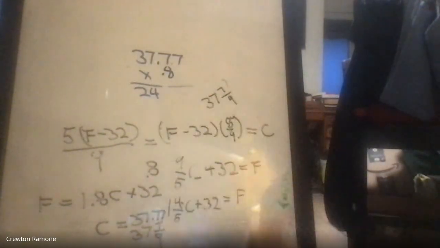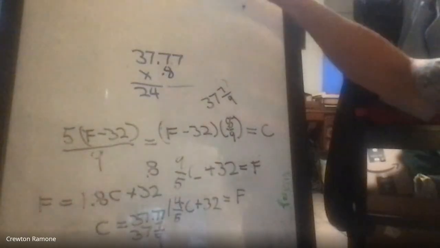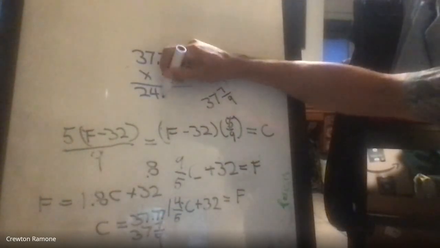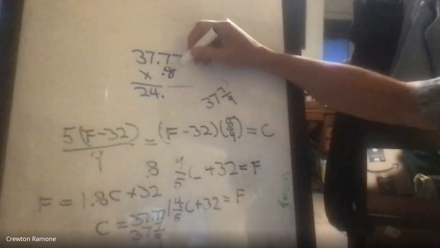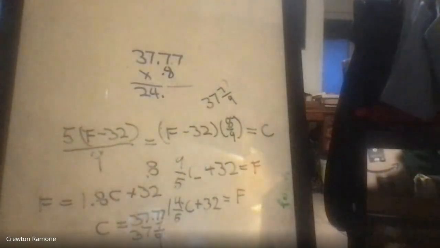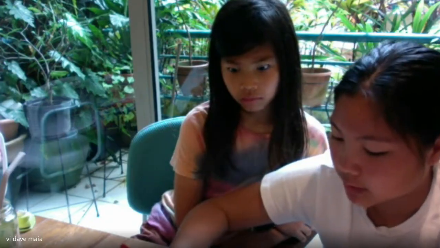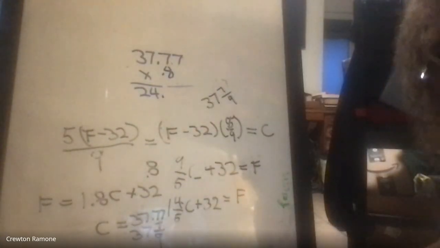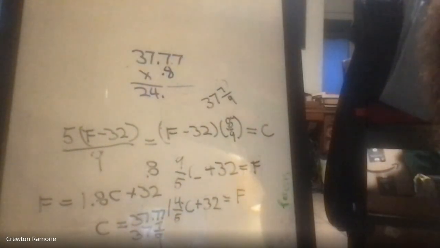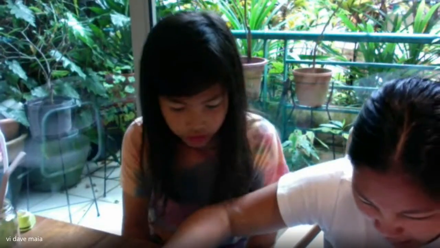Okay, now I'll put my decimal point right there. And now I'm going to multiply 8 times 7. What's 8 times 7? 56. David, what's 8 times 7? You're supposed to know your multiplication tables. What is 7 times 8? 56.